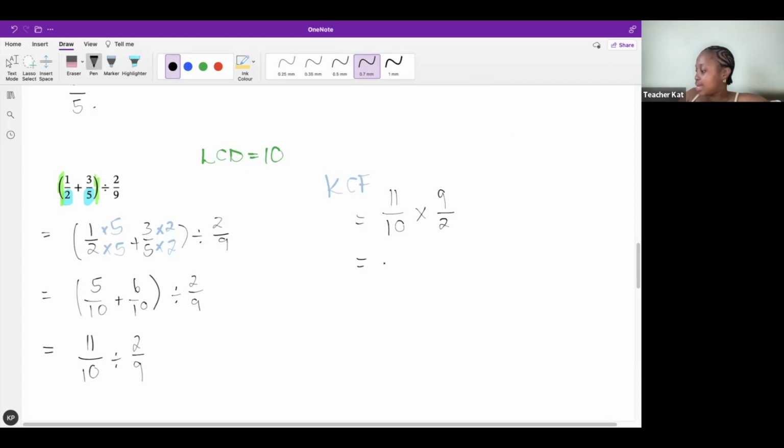Are there any common factors? Is there anything that we can cross cancel over here? No. So we just have to multiply through. So what's 11 times 9? 99 over what? 20. Okay. I want us to change this to a mixed fraction. How many times will 20 fit into 99?